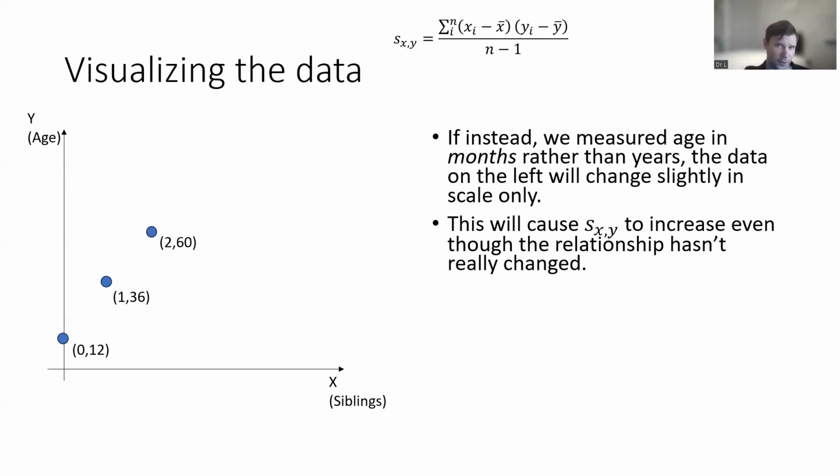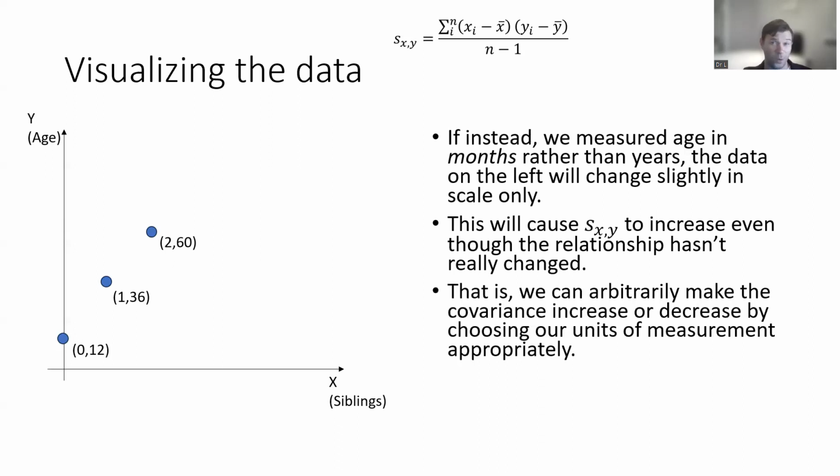But in terms of the units of measurement, we could choose whatever units we want. If I wanted to make the covariance really big in magnitude, I could switch maybe from months to days. Or if you go from years to days, that's like multiplying everything by 365. So the point of this is to understand that the covariance has a little bit of a weakness in its interpretability.